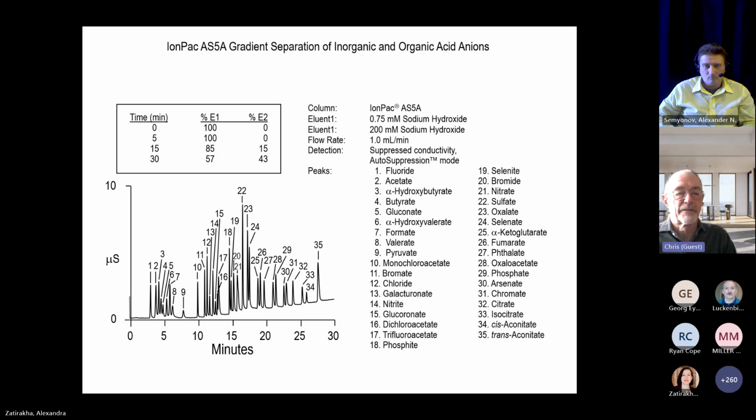So we still don't really have enough hydroxide selectivity to make hydroxide gradients really practical, but at least, if you're willing to live with using such high concentrations, we could do a pretty decent separation of organic acids. Next slide, please.